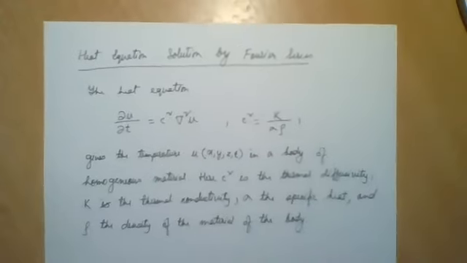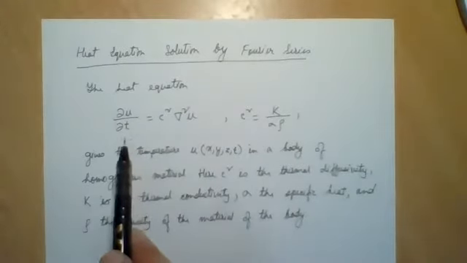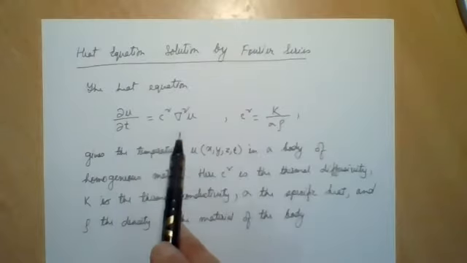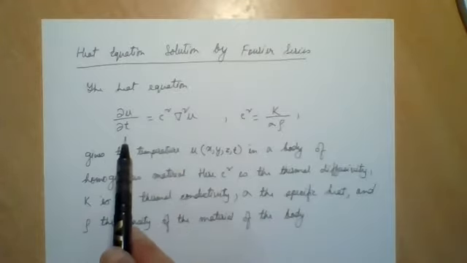Okay, so this is the heat equation, and if you compare this heat equation with the wave equation which we discussed in our last class, you'll find that the difference is mainly here. In the wave equation, we have second order partial derivative of U with respect to time. However, in the heat equation, we have only first order partial derivative of U with respect to time.